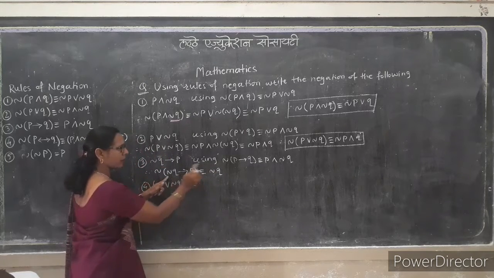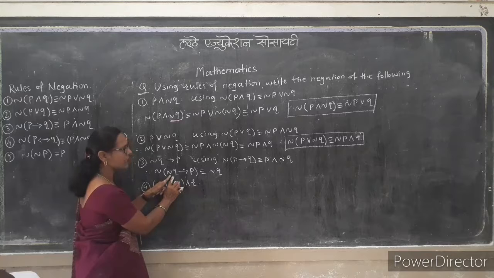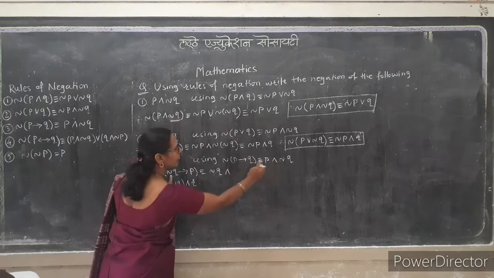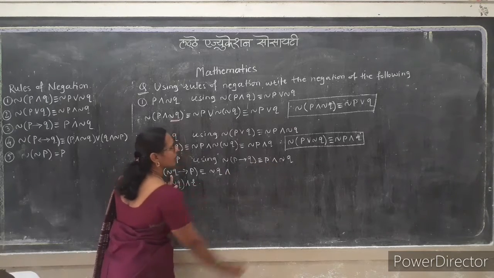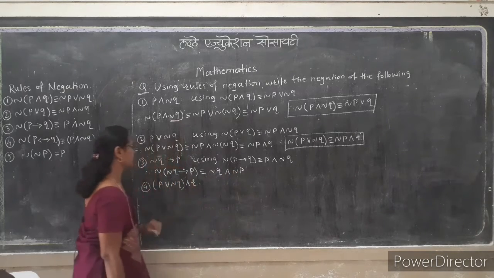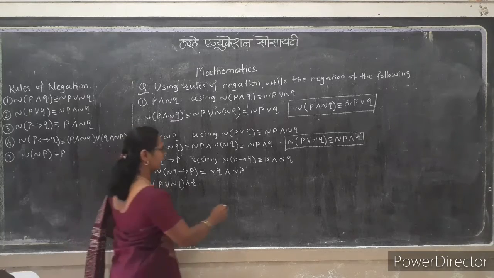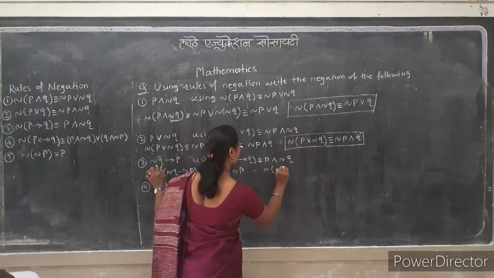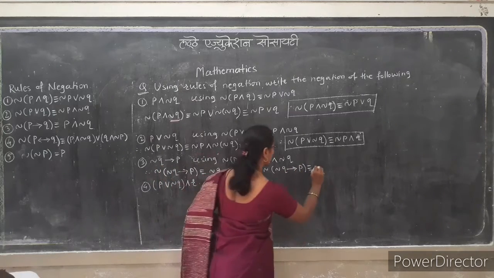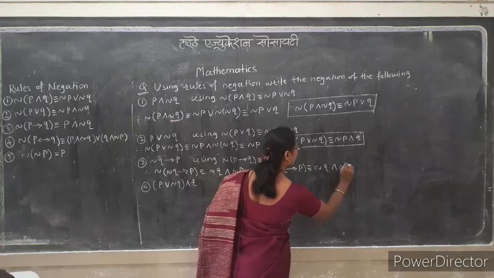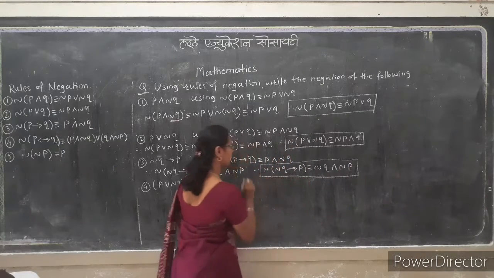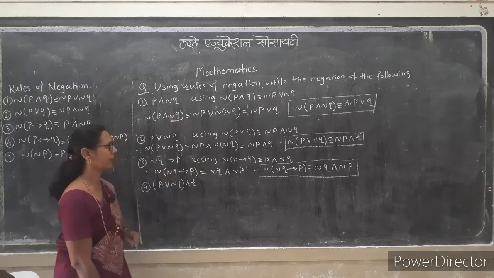Here instead of P, our statement is ¬Q, therefore ¬Q, and ¬P. The second statement is Q; our RHS is ¬Q, therefore here ¬P. Therefore ¬(¬Q → P) is logically equivalent to ¬Q ∧ ¬P. This is the negation of the given statement.